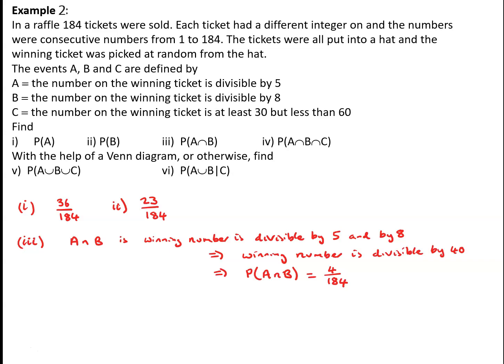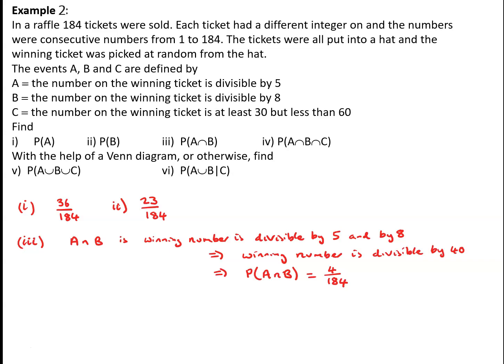For part C, we've got A intersect B intersect C, so the number on the winning ticket has to be divisible by 5, divisible by 8, and at least 30 but less than 60. Well, we know that A and B together means the number on the winning ticket must be divisible by 40.